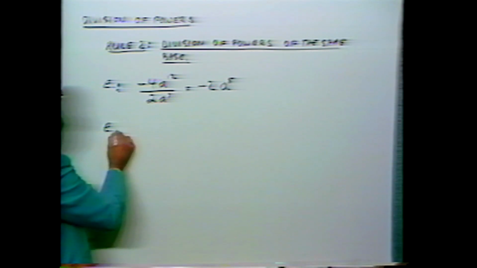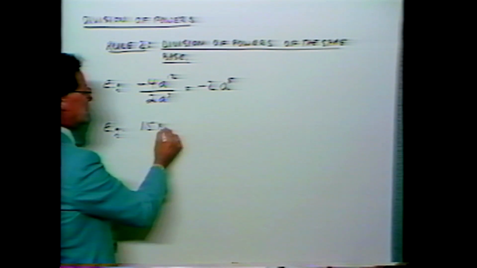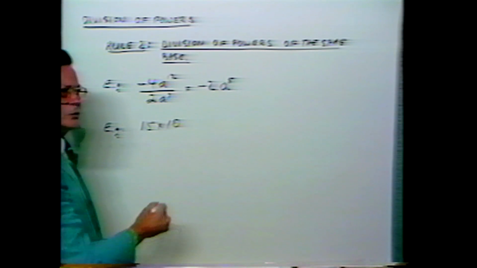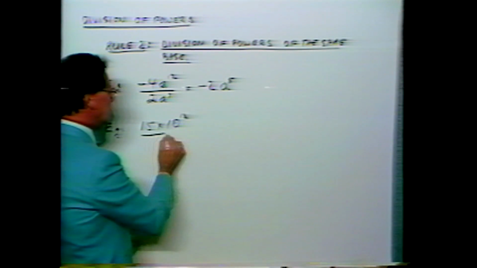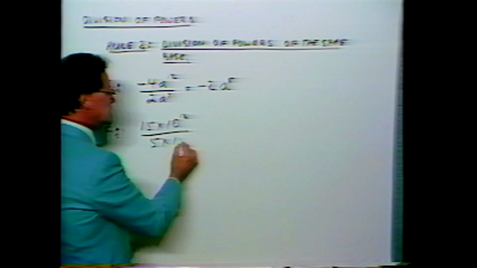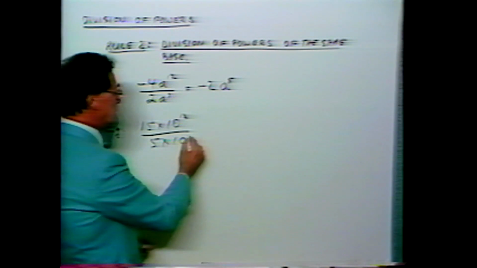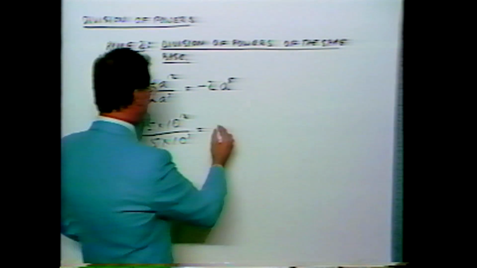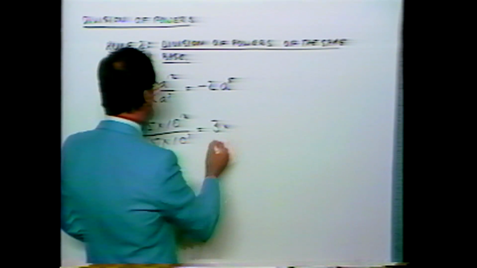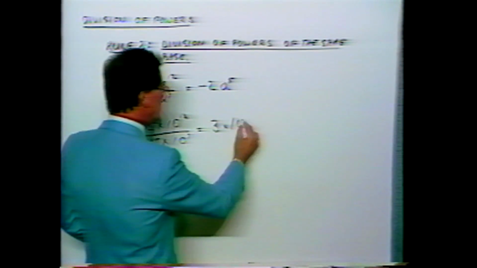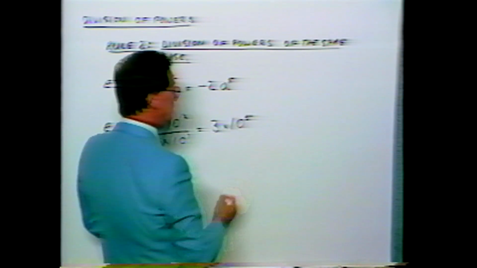Another example, 15 times 10 to the 12th divided by 5 times 10 to the 7th. 15 divided by 5 is 3, followed by 10 to the 5th.